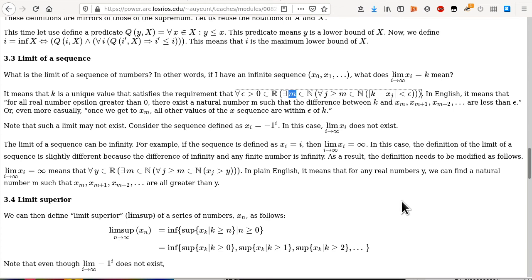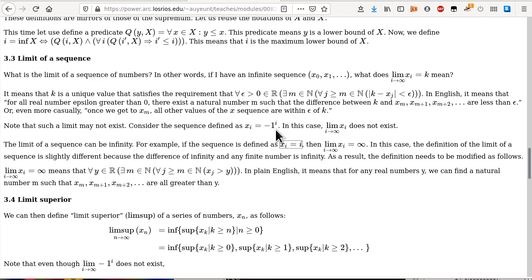If there are no questions, then we'll take a look at an infinite sequence that has no limit. The sequence x of i is defined to be negative 1 to the power of i. You can see how this is just going to alternate, right? Because x0 is 1, x1 is going to be negative 1, x2 is going to be 1 again, x3 is going to be negative 1 again, x4 is going to be 1, x5 is going to be negative 1.